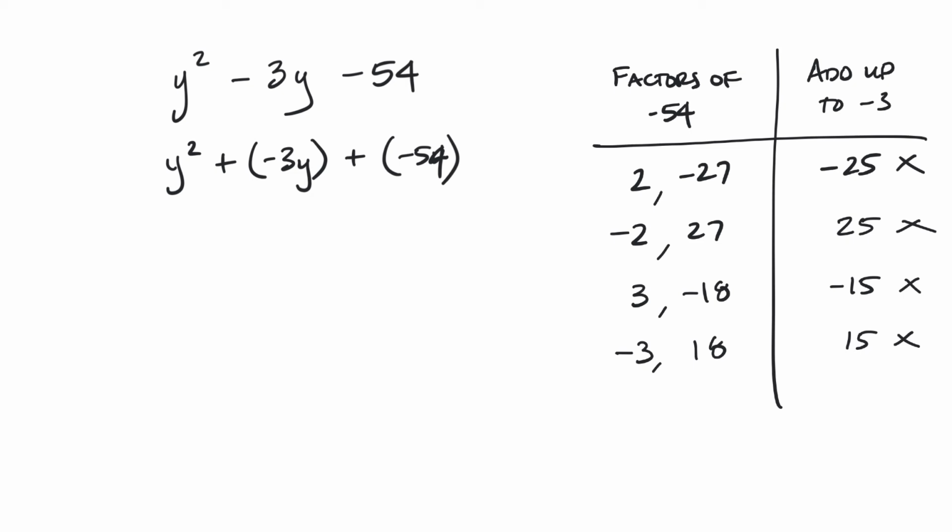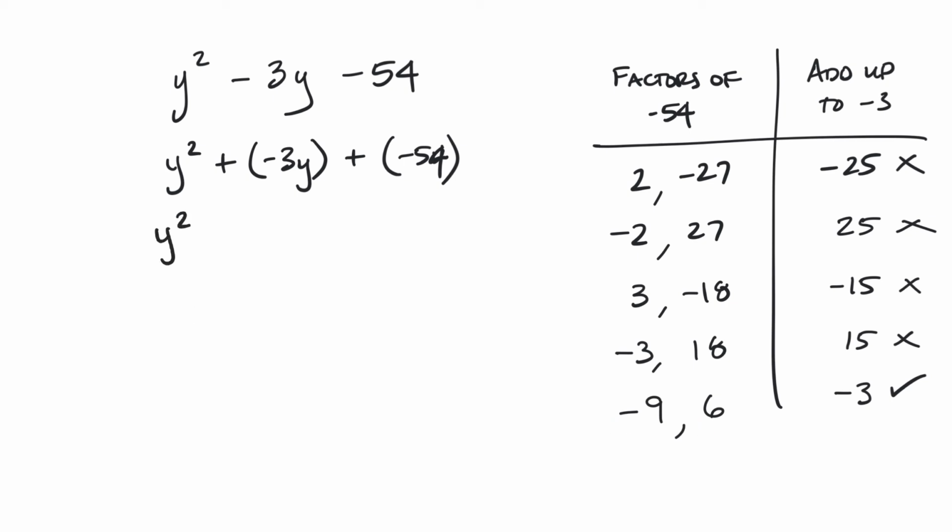And let's see, how about negative 9 and 6? So 9 times 6 is 54, negative 9 times 6 is negative 54. And add those up, we get negative 3. That works. So we're going to replace our middle term here, negative 3y, with negative 9y and 6y.